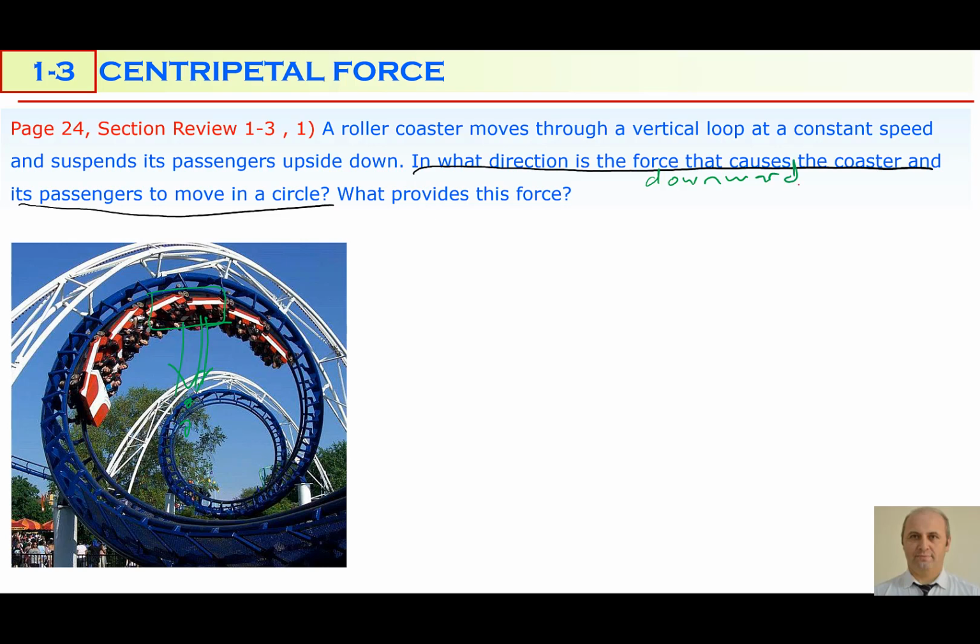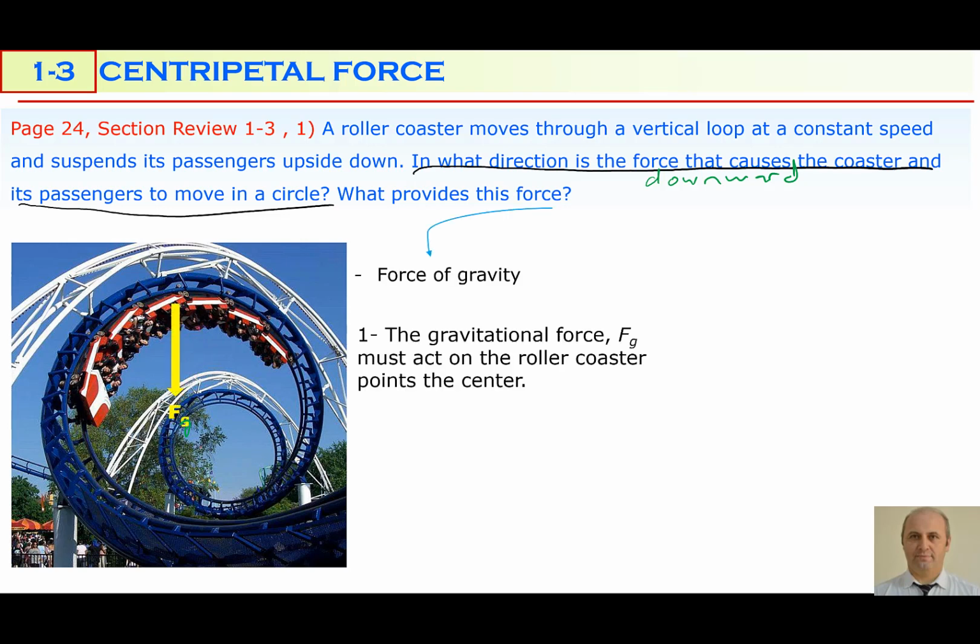And what provides this force? There are two forces acting on the roller coaster. One force is absolutely the gravitational force, which always acts downward, pointing to the center of the circular path. Let's show it with another color. Here is the center.